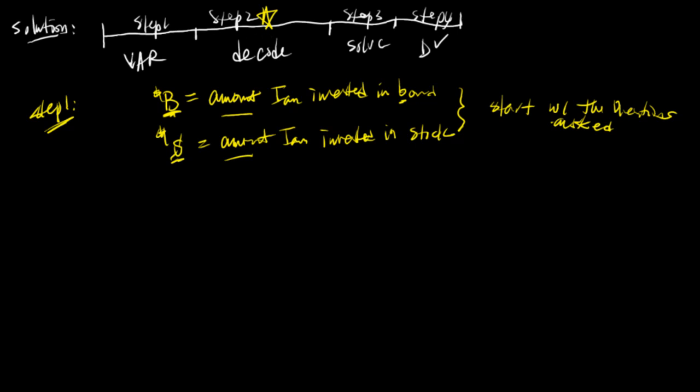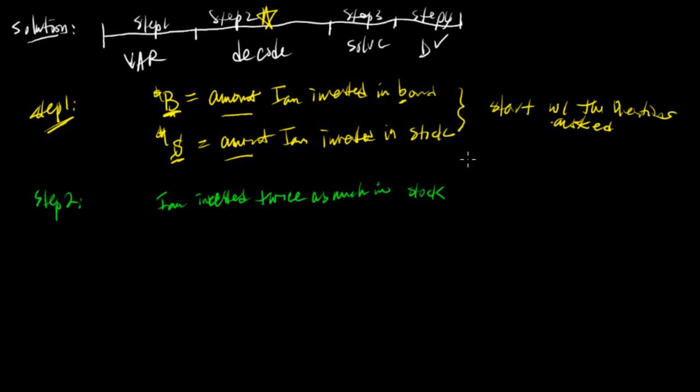On step 2, our vital step, I have to translate. If I know what the variables are, the better chance I know how to translate. Now, we were told that Ian, being a new college grad, invested twice as much in stock.